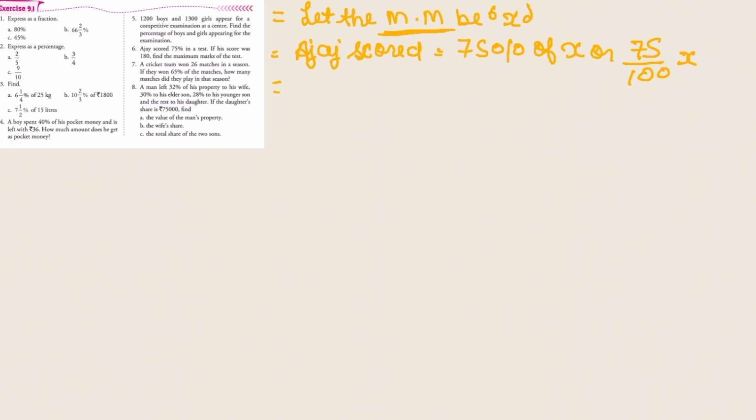And his score was 180. So what will be the maximum marks of the test? It will be 75% of a number is 180. Now we have to find a number whose 75% is equal to 180.